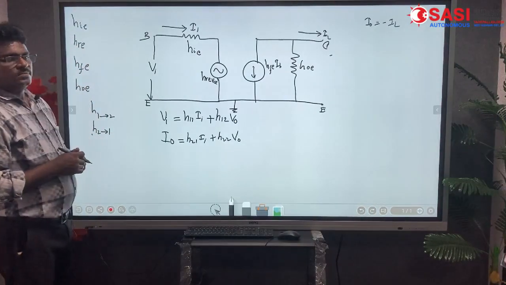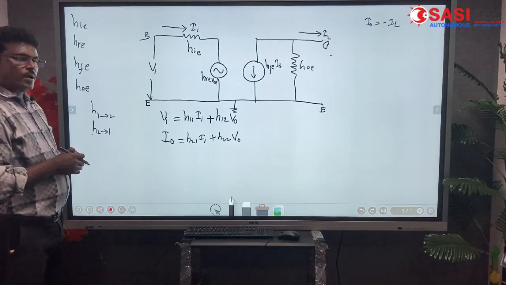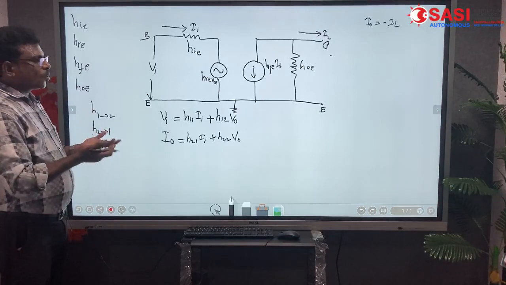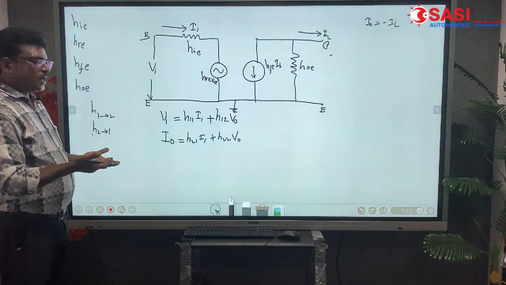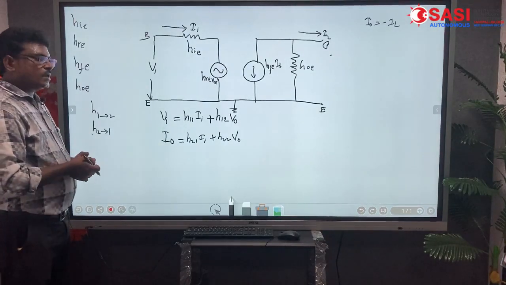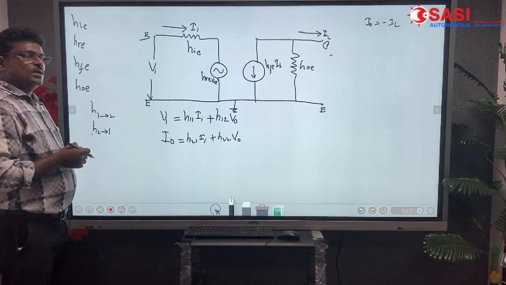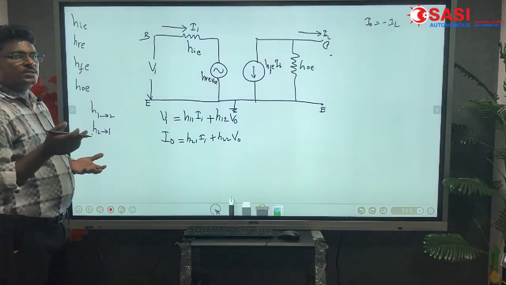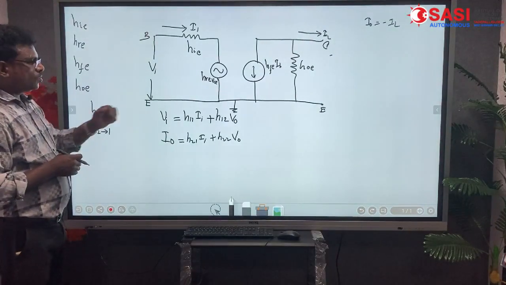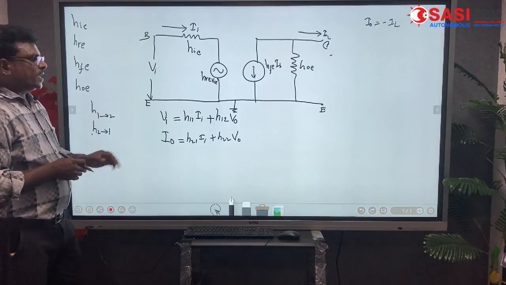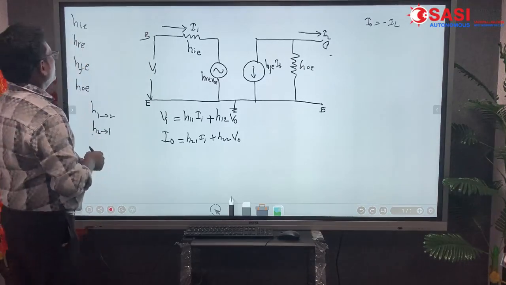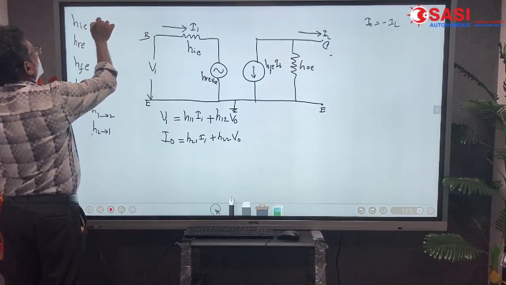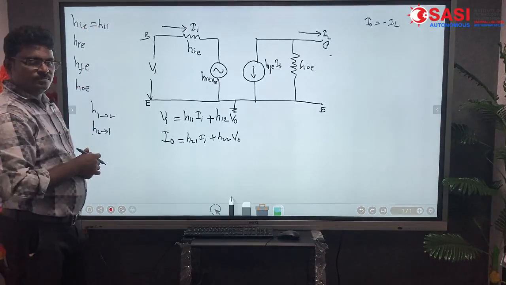So what are these parameters? H11 is resistance, H12 is gain, H21 is current gain, H22 is admittance. Like that I am telling, but we may not understand, so there is a possibility to ask a question. We can identify them using these ports. H11, the first port to first parameter, HIE. HIE is called the first port parameter, H11.